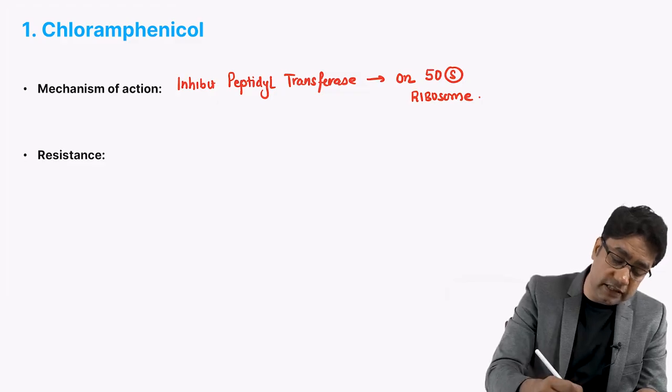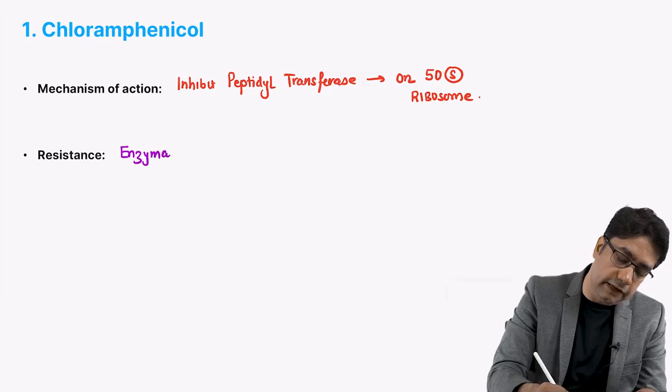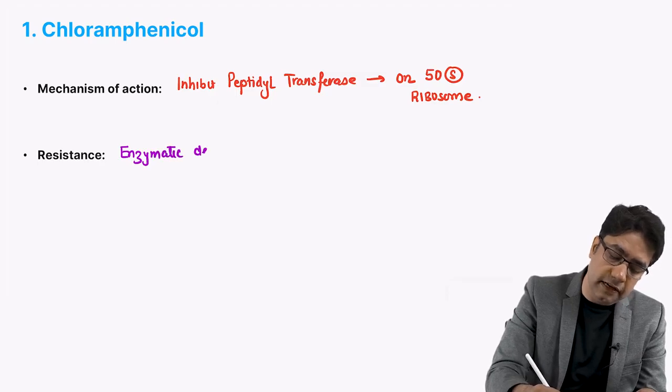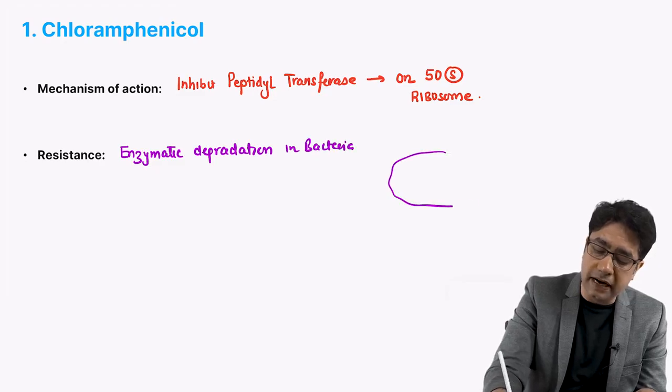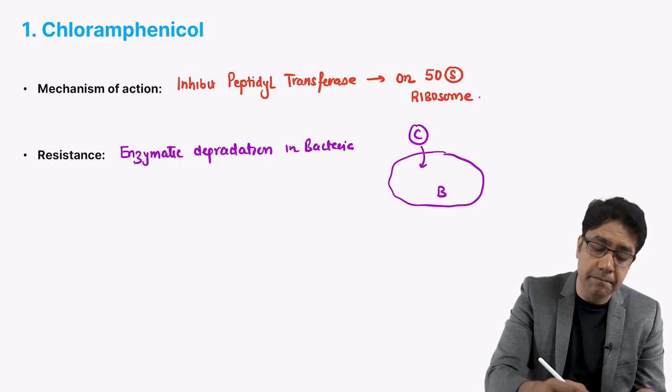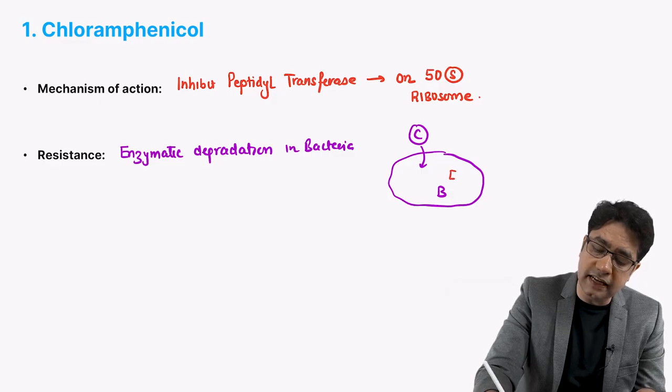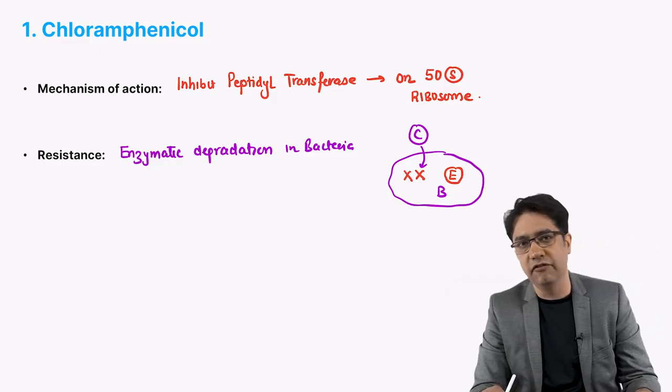The cause of resistance is enzymatic degradation inside the bacteria. What does it mean? In simple words, when chloramphenicol enters into a bacteria, suppose this is a bacteria, chloramphenicol is entering, the bacteria produces certain enzymes and these enzymes degrade chloramphenicol.